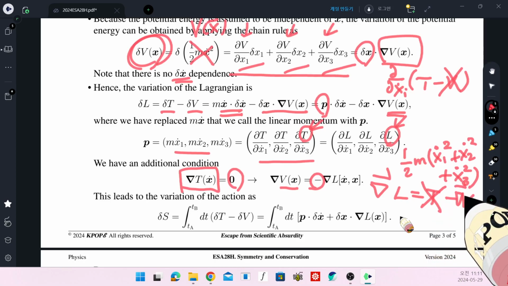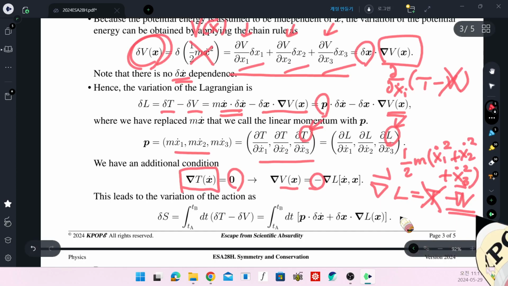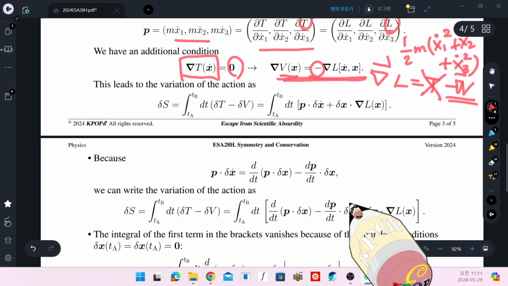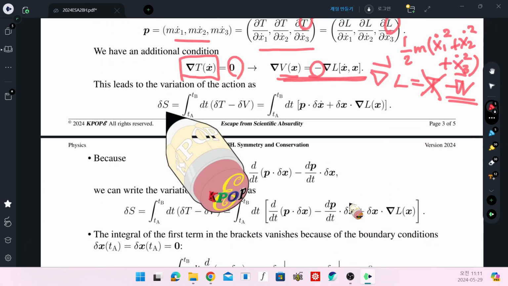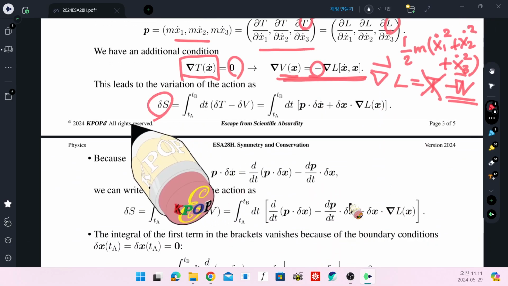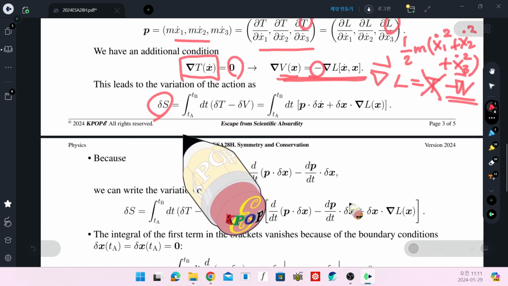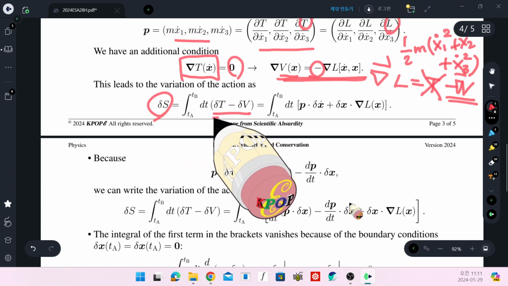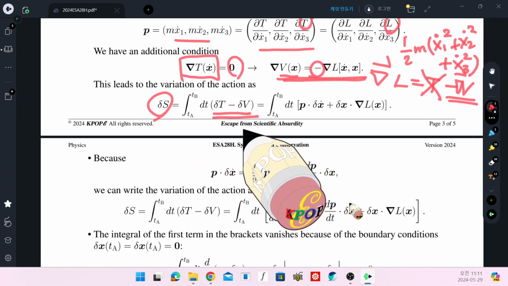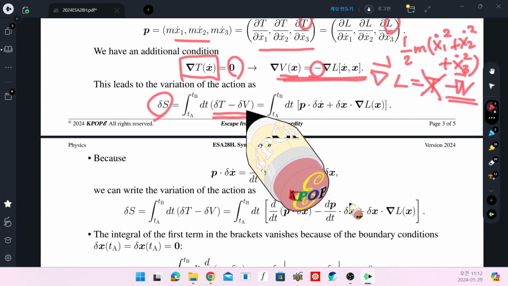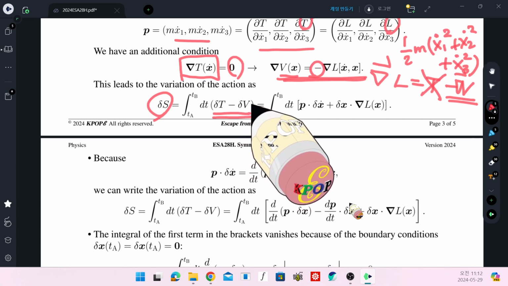We have minus the gradient of potential energy. Therefore, we obtain this. As a result, the variation of the action is the time integral over the same time interval of the integrand, that is the variation of the kinetic energy subtracted by the variation of the potential energy.